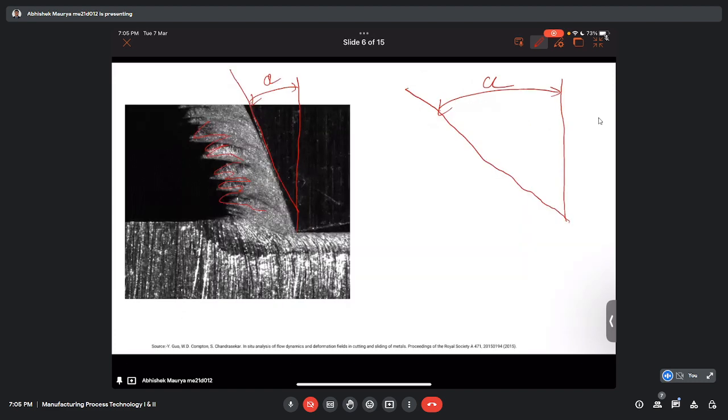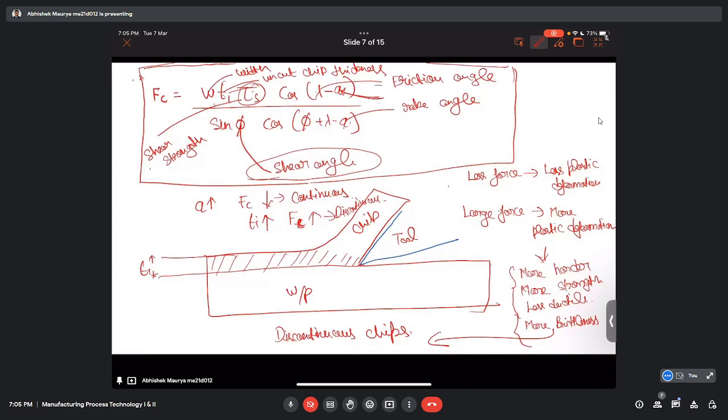So in this cutting force equation, one assumption which we have taken is that the shear angle, phi, doesn't get affected much if we are changing the rake angle.